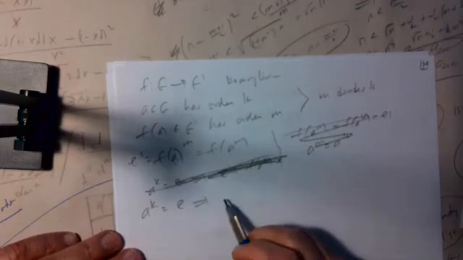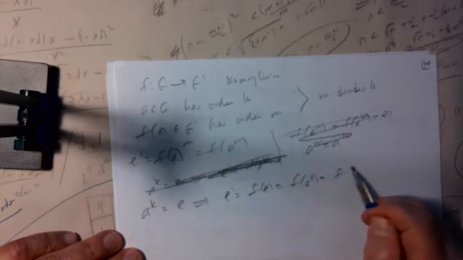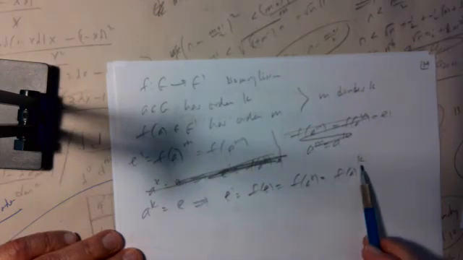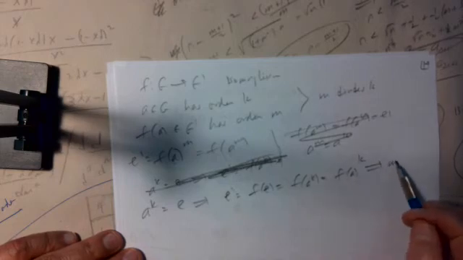And a to the k equals the identity implies that e prime is f of e, that's f of a to the k. So f of a to the kth power is the identity, and f of a has order m, so m divides k.